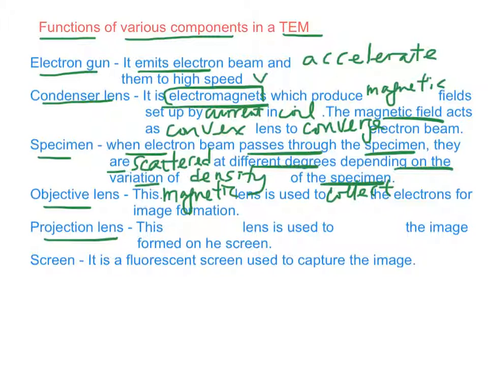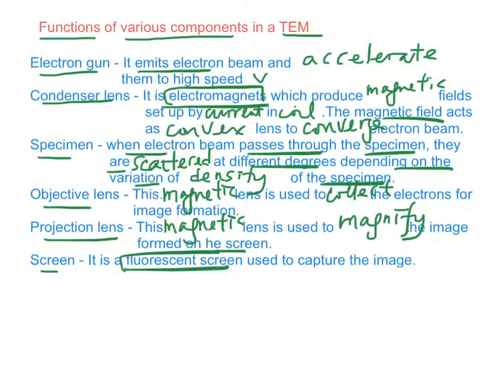The projection lens is also a magnetic lens which is used to magnify the image formed on the screen. The screen is a fluorescent screen used to capture the image. The kinetic energy of the electrons changes to light energy.